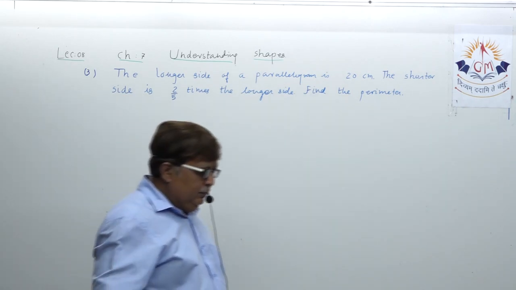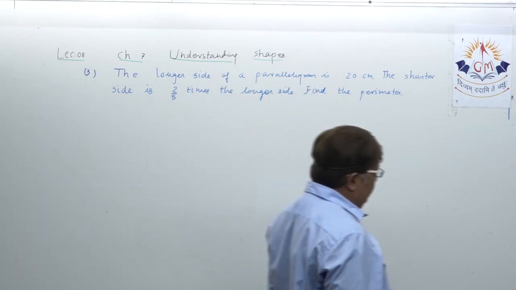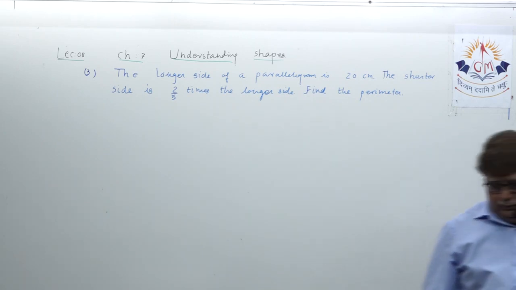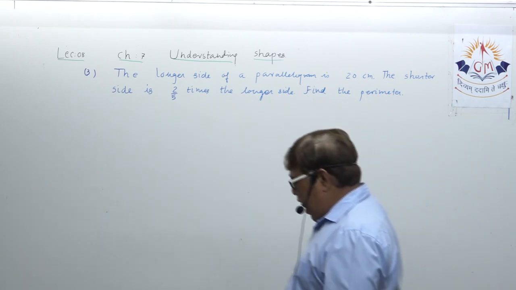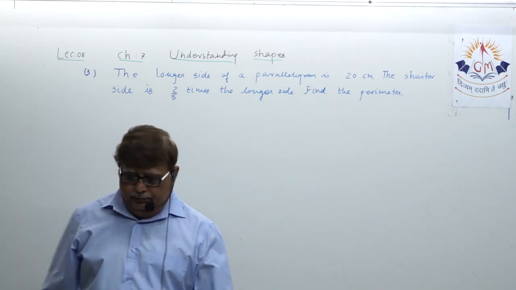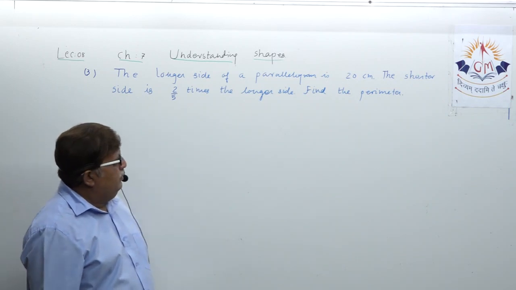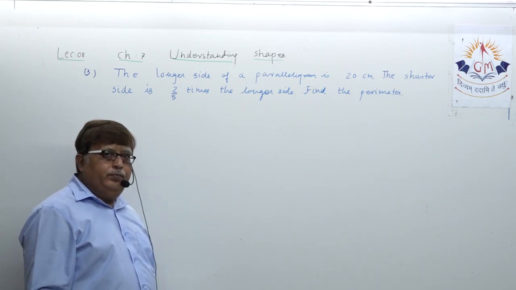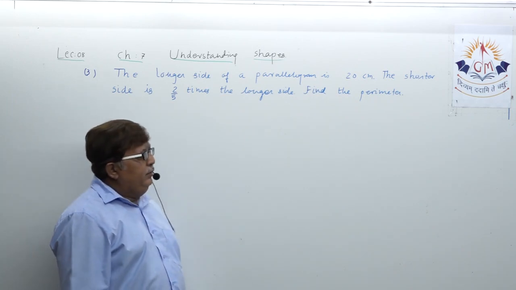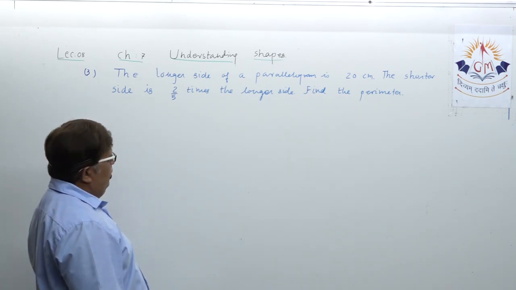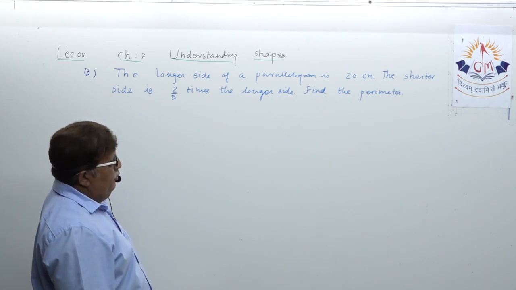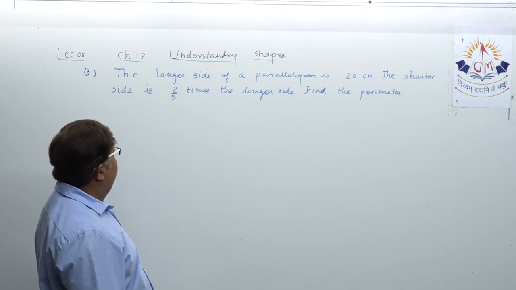First, I want you to read this sum properly, understand the concept of the sum in parallelogram. You are given the measurement of the longer side already, that is 20 centimeter.